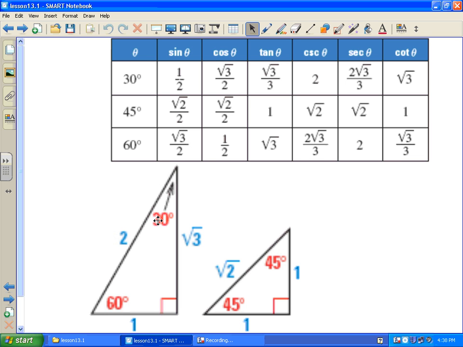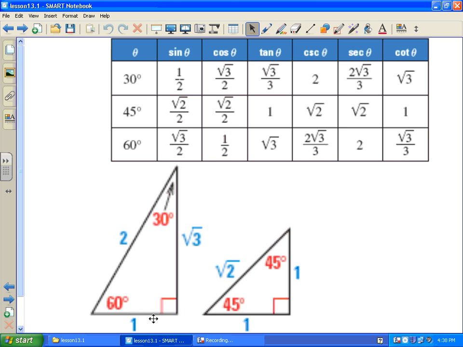The hypotenuse, which is always the longest side, is always twice the size of the short leg. So if the short leg is 1, the hypotenuse is 2. The longer leg is always the short leg times root 3. So if the short leg is 1 in this case, the longer leg, the one opposite 60 degrees, is root 3. So these are ratios of sides.